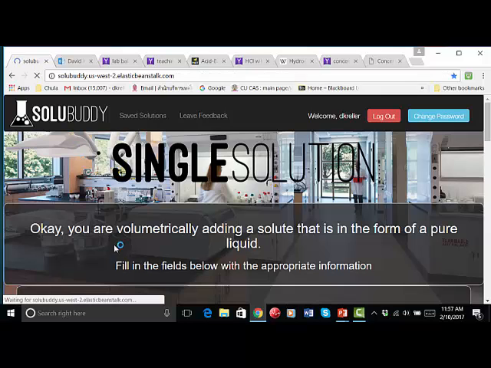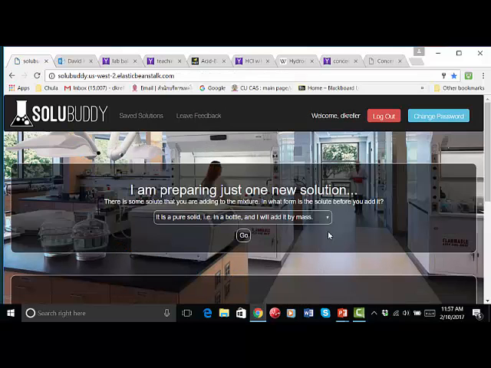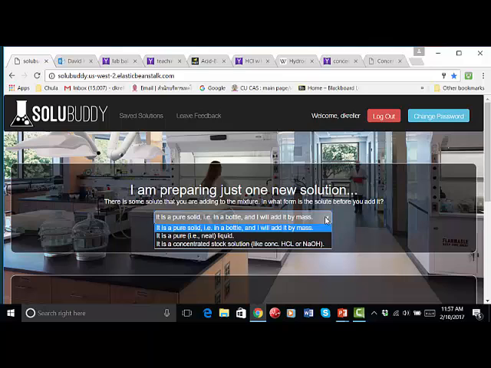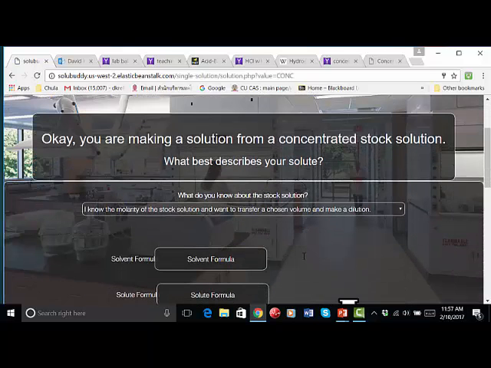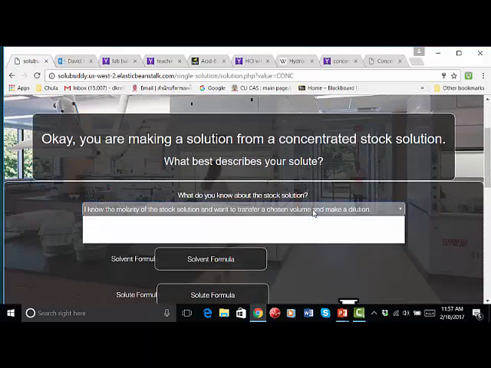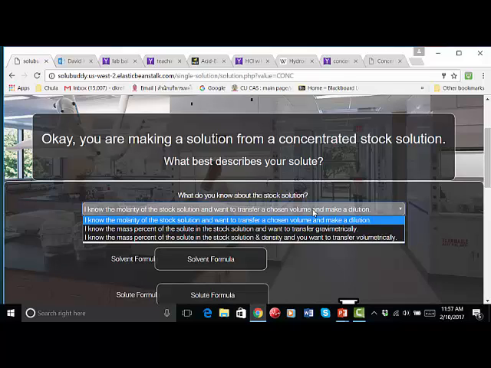Okay, so now let's go back to adding a solute that's in the form of a concentrated stock solution. Okay, and there's three options here.